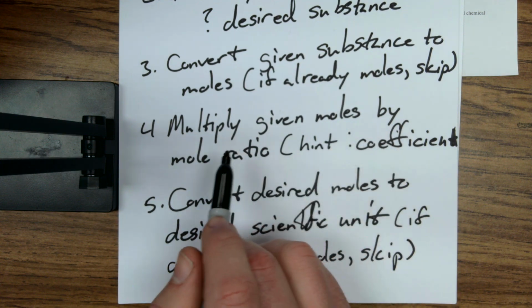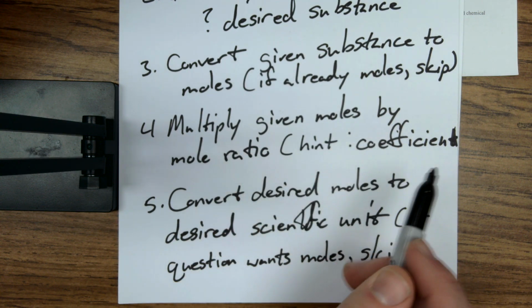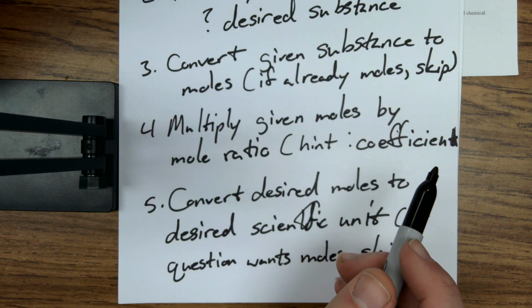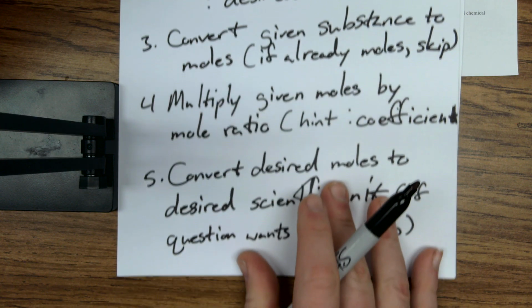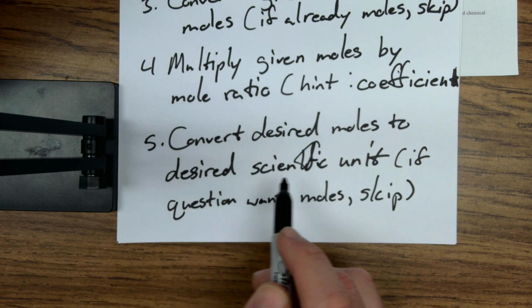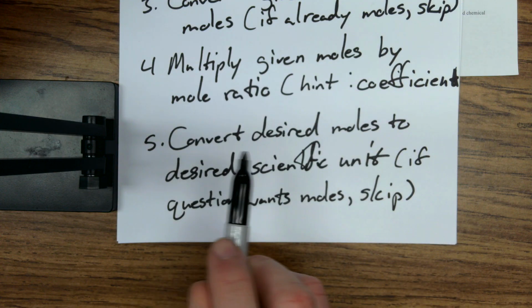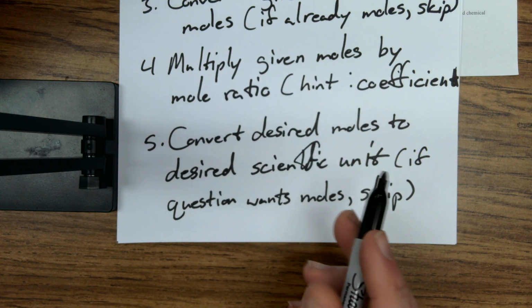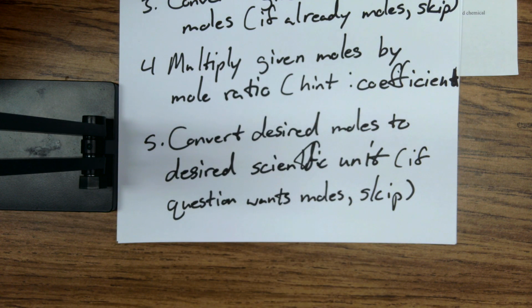Multiply given moles by the mole ratio. Hint, that's your coefficients. Lastly, convert desired moles to desired scientific unit. If question only wants moles, we can skip that part too. Three and 5 are skippable depending on what the question's asking.